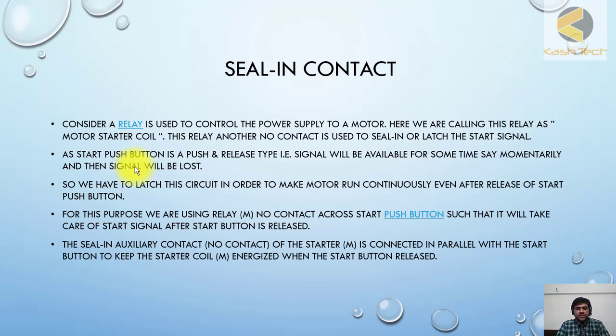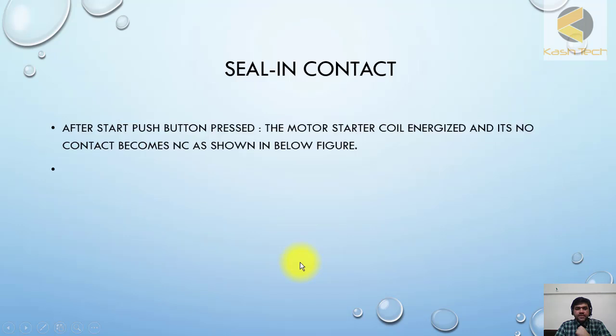The seal-in auxiliary NO contact of the starter M is connected in parallel with the start button to keep the start coil M energized when the start button is released. After the start push button is pressed, the motor starter coil is energized and its NO contact becomes NC, as shown in the figure below.